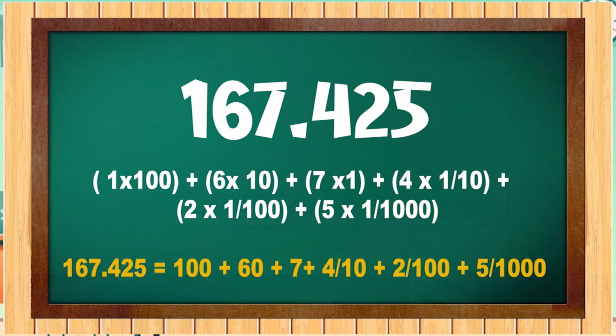So there, boys and girls, you have the expanded form of 167 and 425 thousandths, or 167.425.